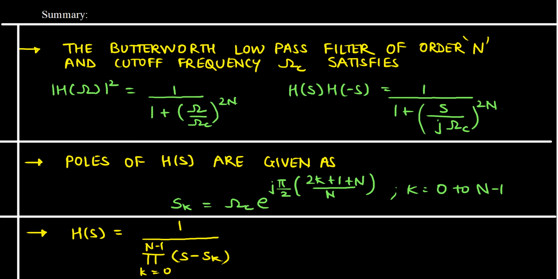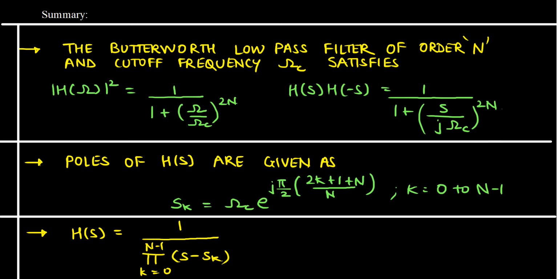Its equivalent in the Laplace domain can be given as H of s into H of minus s equal to 1 divided by 1 plus (s divided by j omega c) to the power 2n. The poles of this expression are given by Sk equal to omega c into e to the power j pi by 2 into (2k plus 1 plus n) by n, where k varies from 0 to n minus 1. Therefore this H of s can be written as 1 divided by the product of k running from 0 to n minus 1 of s minus Sk.